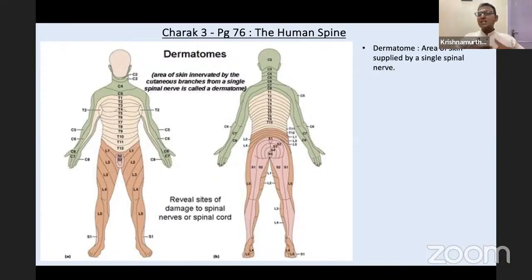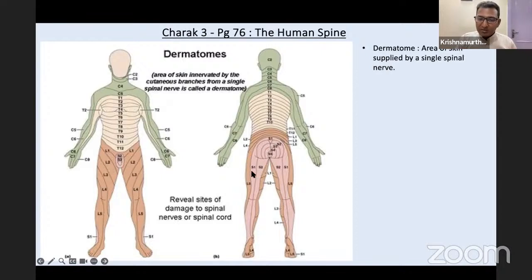Okay. And the thoracic nerves cover the chest and the abdomen area. And the lumbar nerves are covering your lower back and the thighs, calf and the leg in the front part.